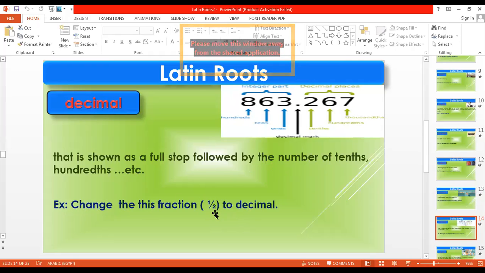It will be 0.5. When you use a full stop or this point and you write a number after it, it's a decimal. So decimal means something less than 1.